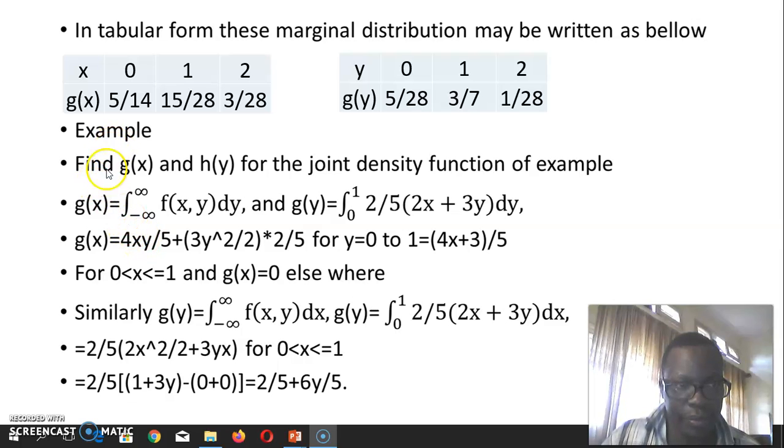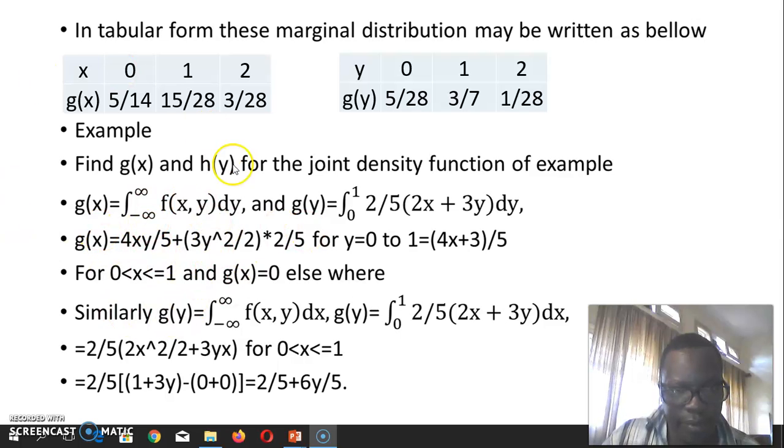Okay, another example. Find g of x and h of y for the joint density function of the previous example. Here, the distribution of g of x is given by the integral from negative infinity to positive infinity of the joint distribution of x, y with respect to y.